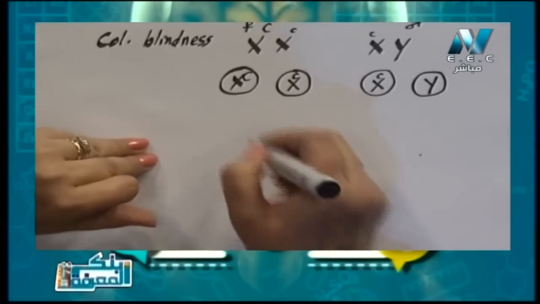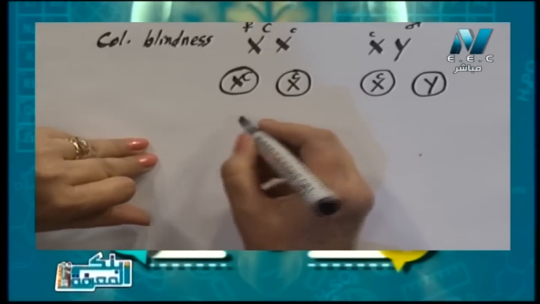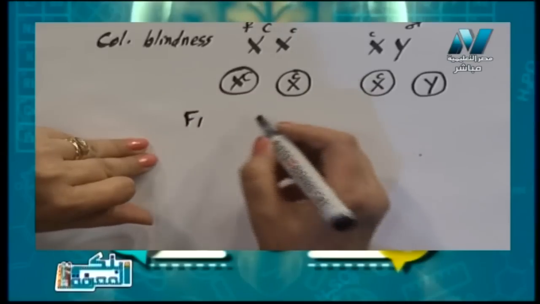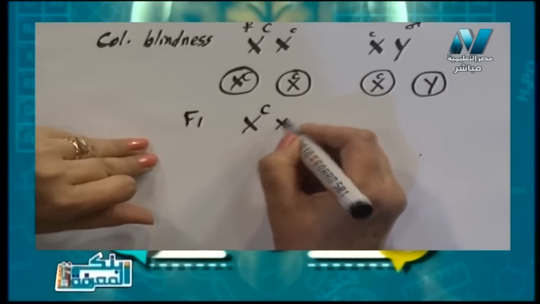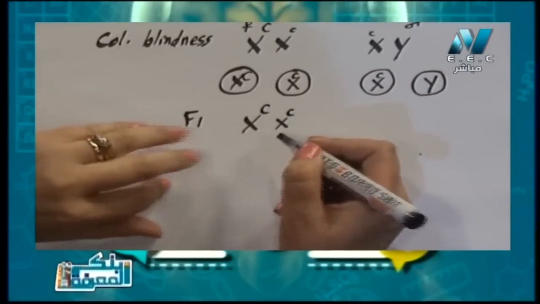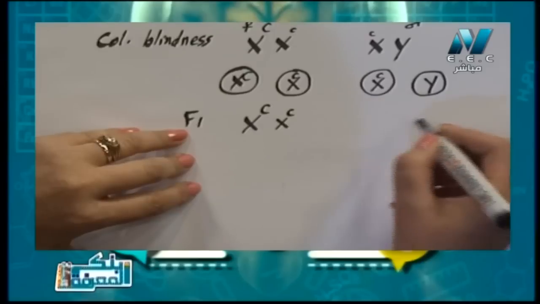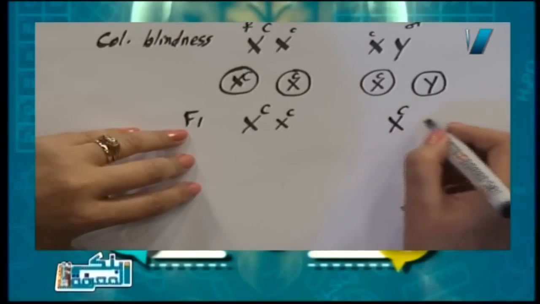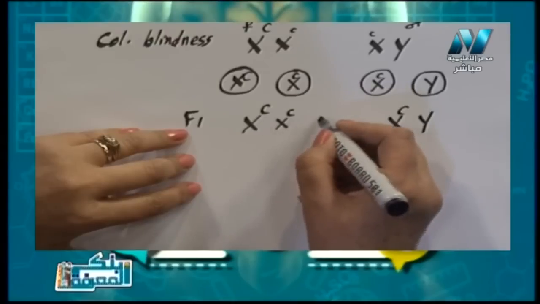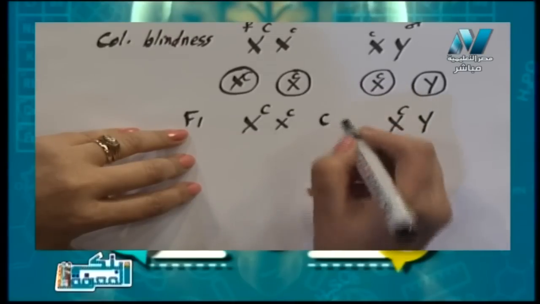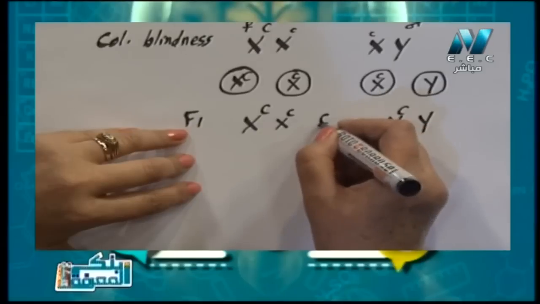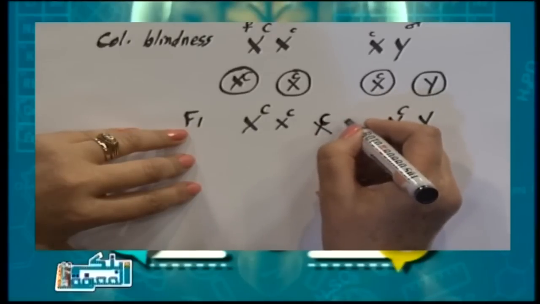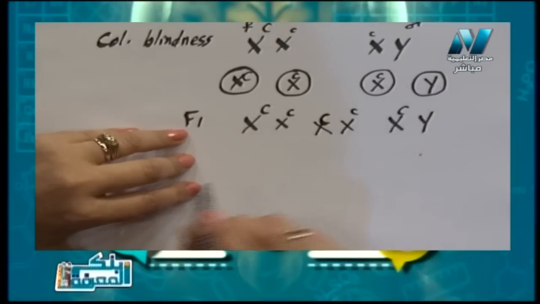And now, after fertilization, in the first generation we get capital C, small c, capital C and Y, capital C, small c, and small c.